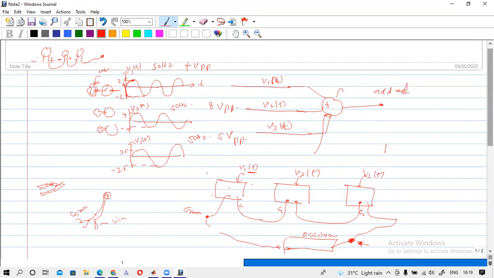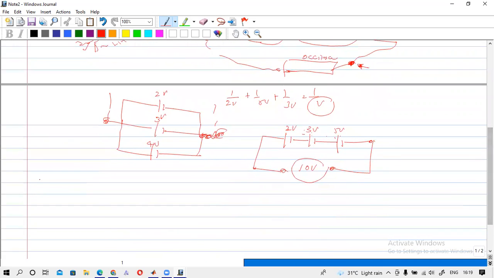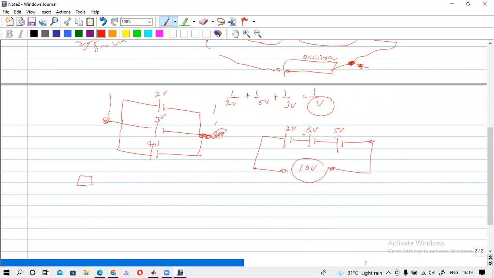So I think the formal way is this. You have to get the signal generator, and this signal generator can be a turbine, a motor, or a function generator, anything.